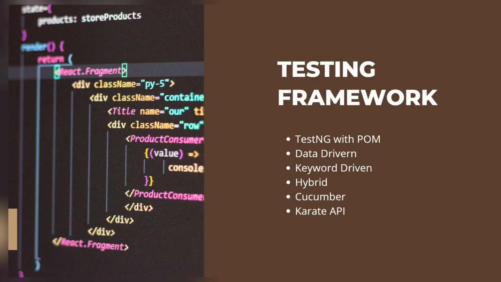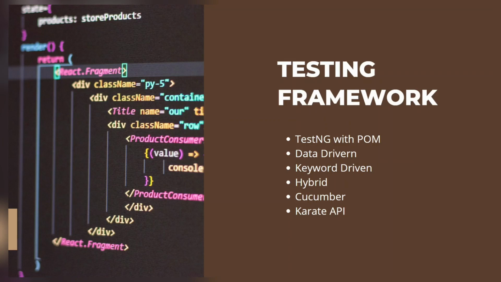Mostly the focus has now moved to Cucumber and TestNG with POM, or data driven or hybrid. Keyword driven is, I will say, a less used framework in the market. Keyword driven basically means you need to write a keyword for every action and then use that in your framework. Hybrid is basically the combination of data driven and keyword driven.